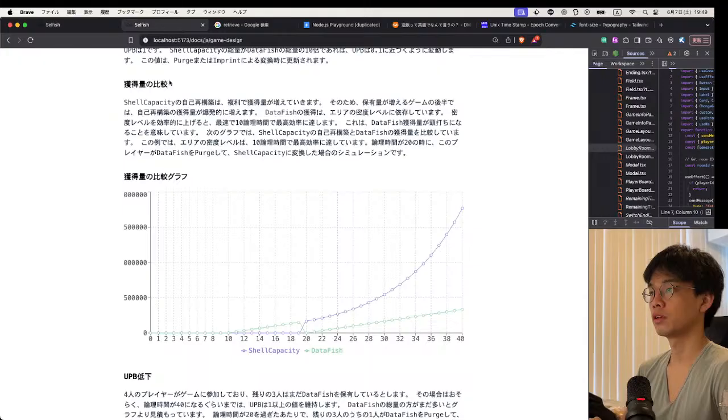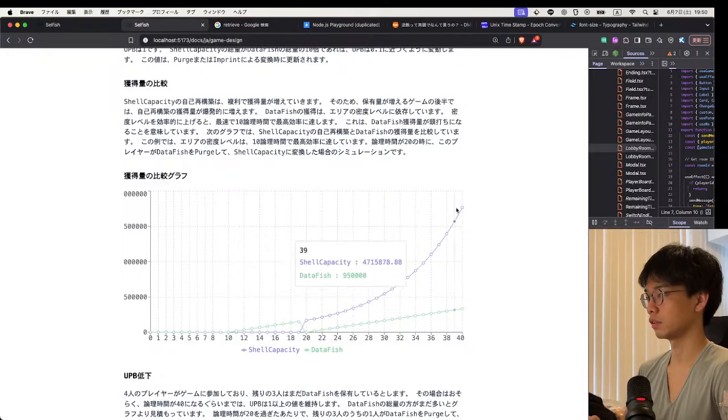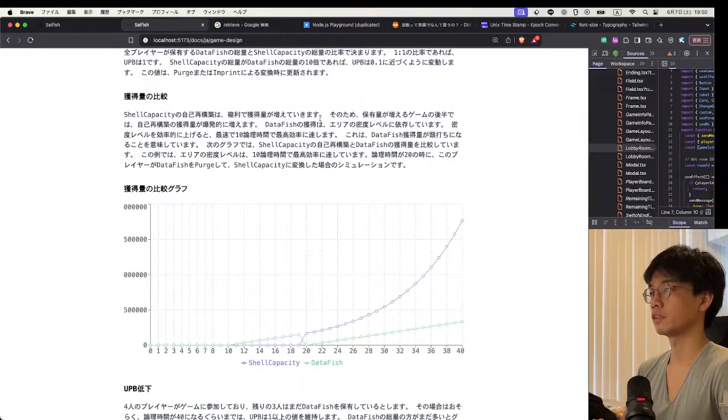Now compare the amount of acquiring and the increase. The shell capacity self recomposition is compound, so you can acquire shell capacity like this.